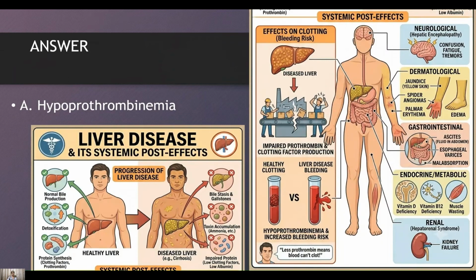Less prothrombin output directly leads to hyperproteinemia, which heavily impairs the blood's cascade ability to clot normally. This is exactly why your liver patients face a much higher risk of clinical bleeding during surgical procedures, and why you always check their INR and PT levels beforehand. Keep that factory analogy in mind, and you will nail this topic every single time.